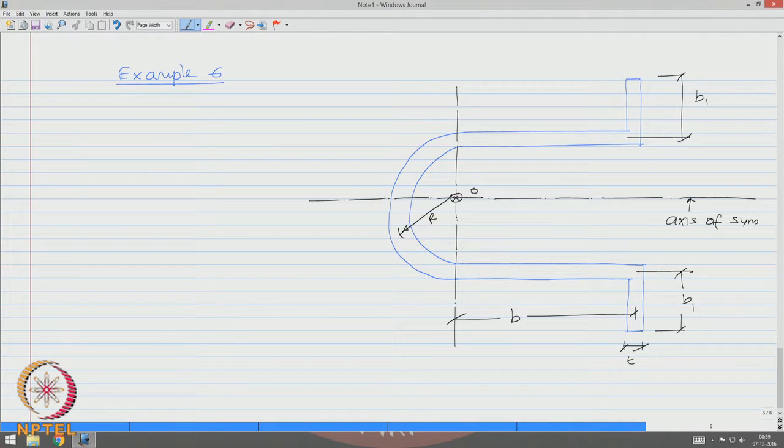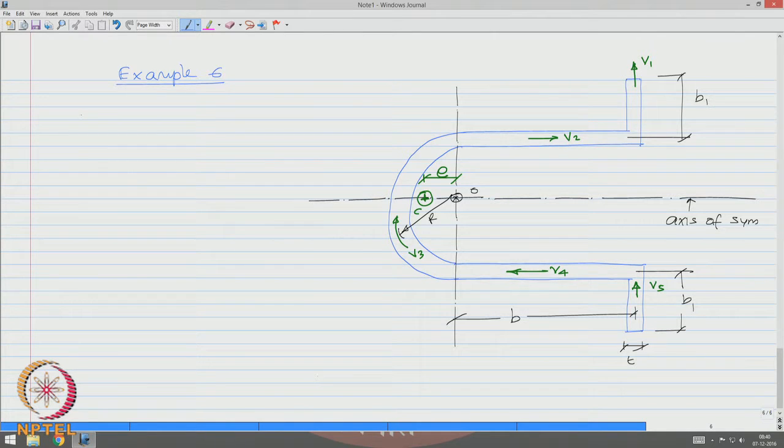If you look at the shear flow diagram, we say this is V 1, we say this is V 2 and this becomes V 3 and this is V 4 and this is V 5. Let us say the shear center is located somewhere here. This is my shear center and I call this distance from the center as E.